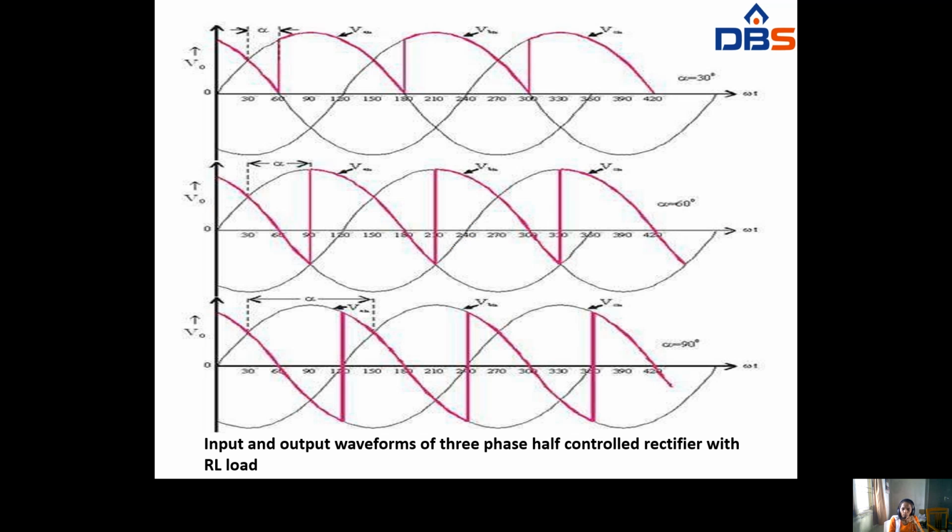So these are the input and output waveforms of the three-phase half-wave controlled rectifier with R load. In R load we have continuous output voltage.